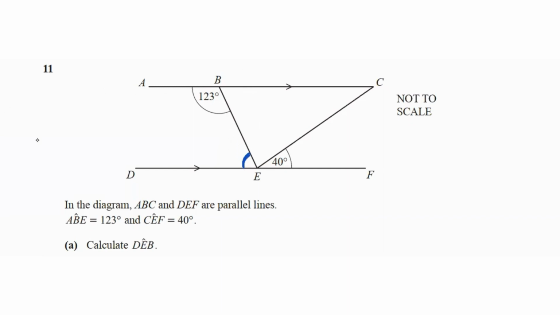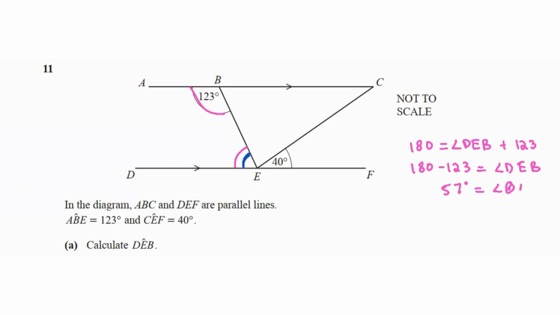So this angle and this angle, these two are co-interior angles, which means 180 equals angle DEB plus 123, which means 180 minus 123 is DEB, and that is going to equal 57 degrees. So that is your answer.